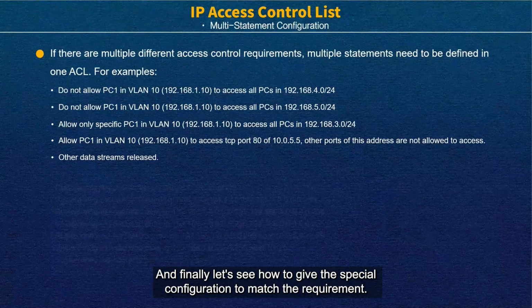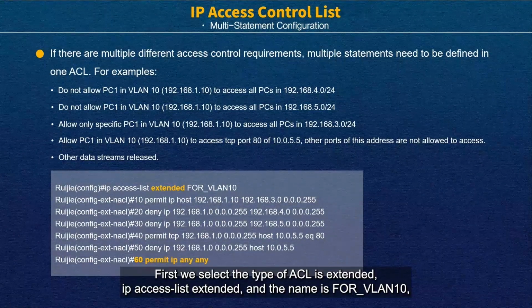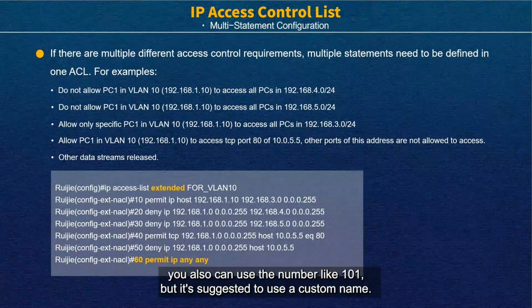And finally, let's see how to give the specific configuration to match the requirement. First, we select the type of ACL as extended: ip access-list extended, and the name is for VLAN 10. You can also use a number like 101, but I suggest using a customized name.